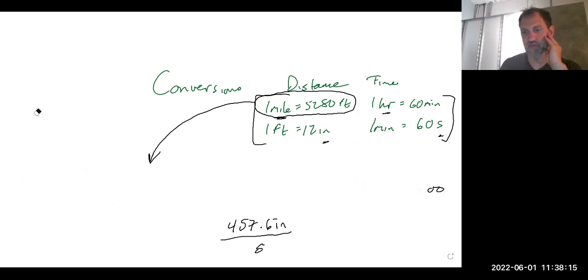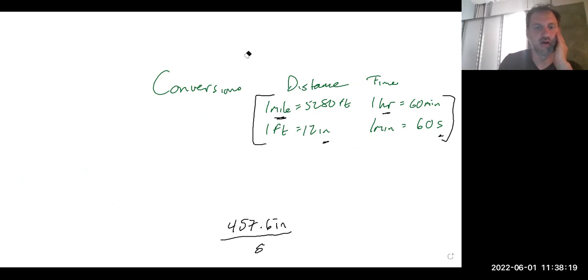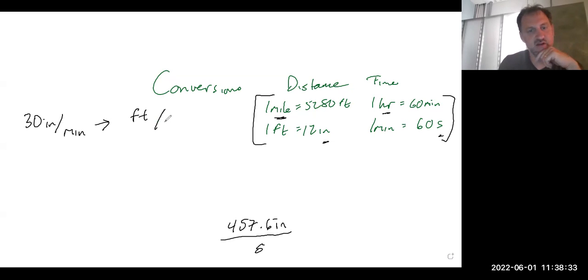We'll use the same figures. Let's say we want to convert 30 inches per minute, and I want to make that into feet per second.